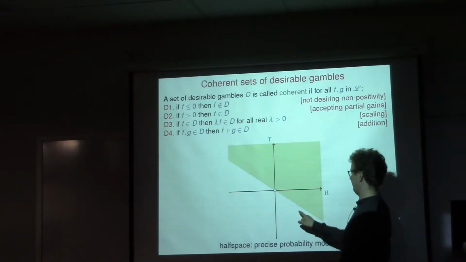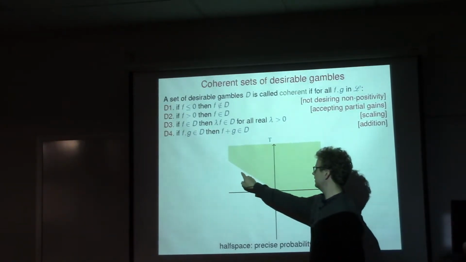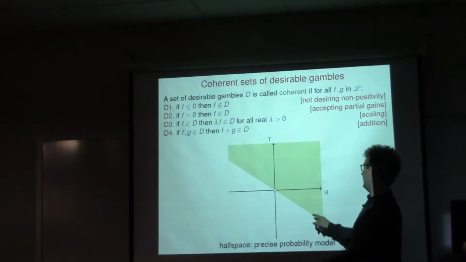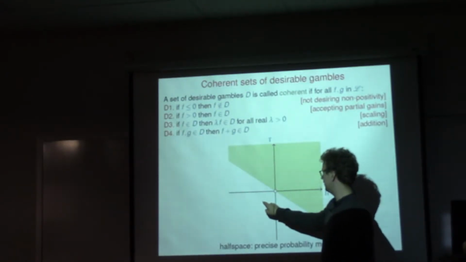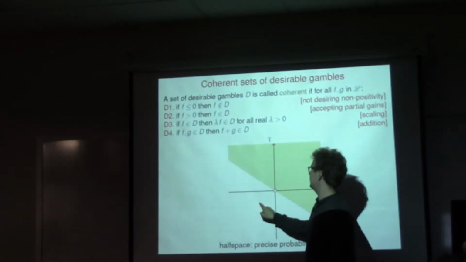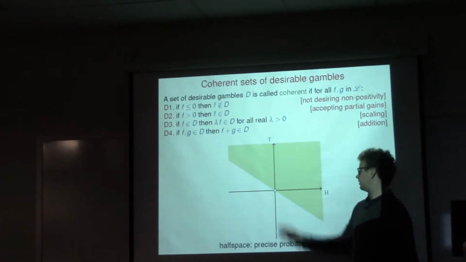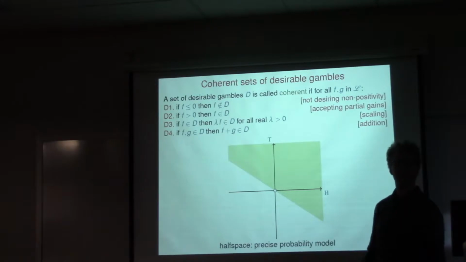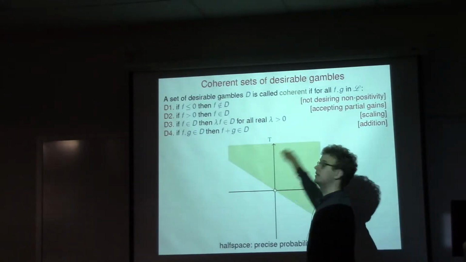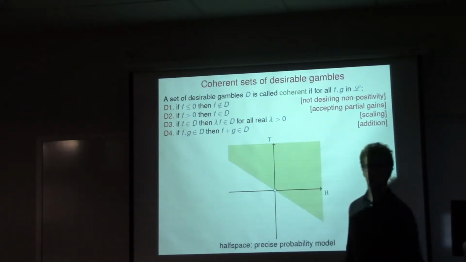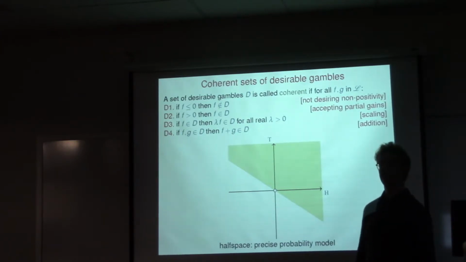Because what would happen if I have a gamble here and here that are desirable? Well, I would add them, and the result would be something here. Hence, by D4, this should be desirable, but by D1, this can never be desirable. So roughly speaking, the maximal ones are the half spaces, the half planes in 2D. Why do I say roughly speaking?